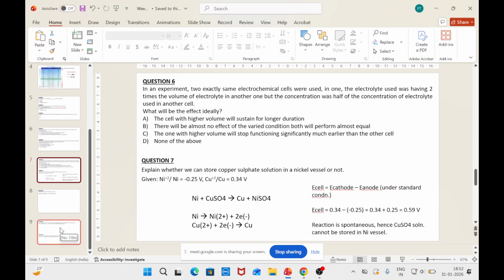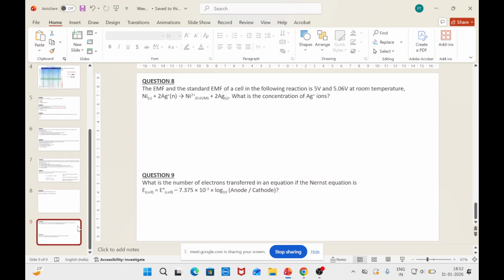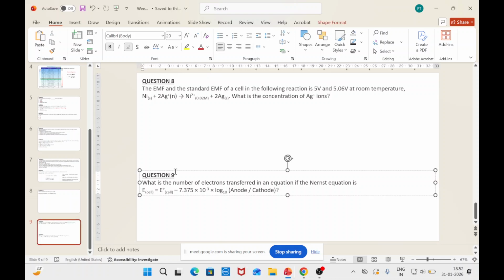Let me show you the next question. Let us solve question 9 first before moving to 8. What is the number of electrons that get transferred in an equation if the Nernst equation is E cell equals E naught cell minus 7.375 into 10 power minus 3 times log of anode by cathode?